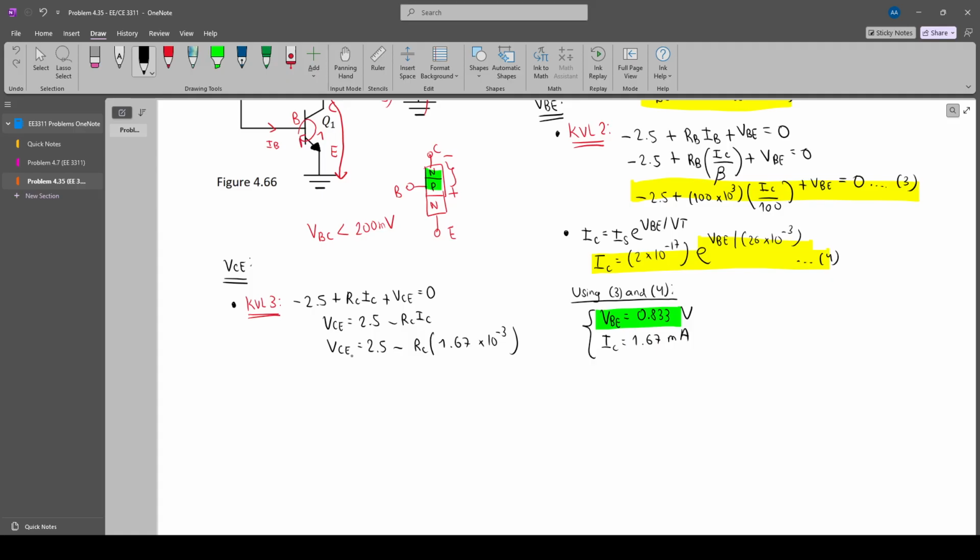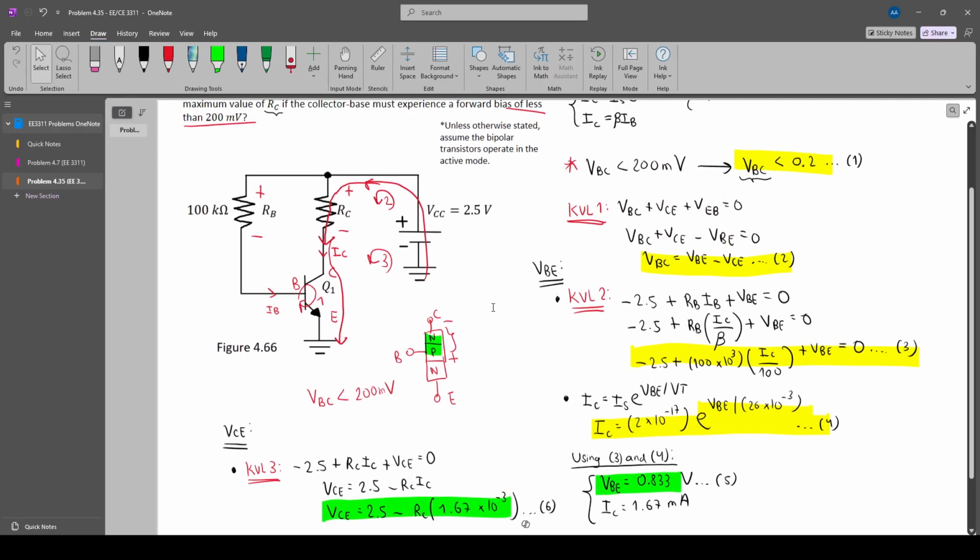Okay, so we already have this equation that we can work with. We have BCE in terms of RC, which is what we wanted. Let's call this previously calculated value equation 5 and this equation 6, right? And well, we already have VBE as a constant value and BCE in terms of RC.